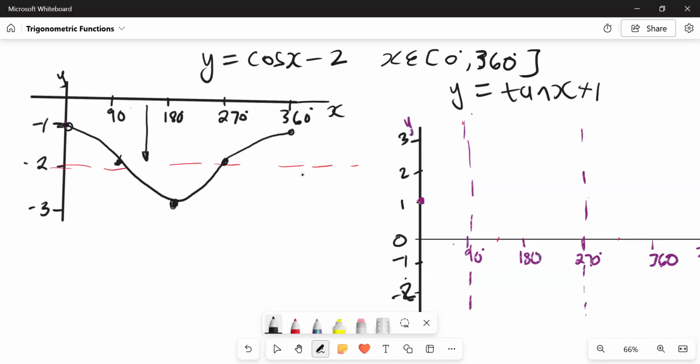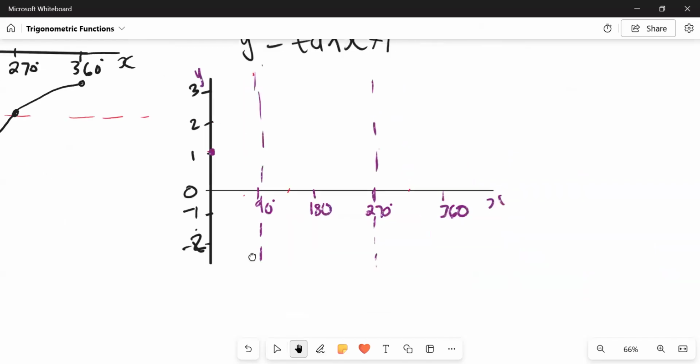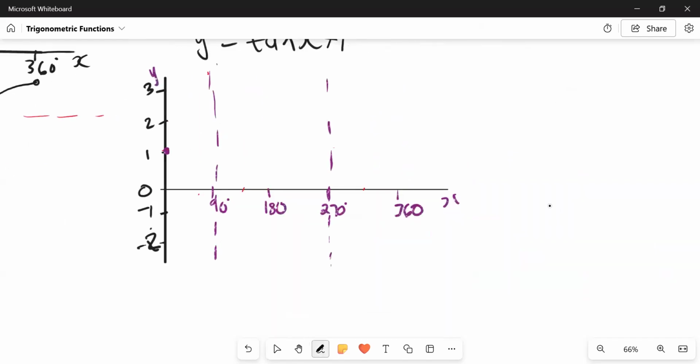Now let's try and draw the graph of y equals tan x plus 1. Tan x plus 1. So you'll have your origin there at 1, because your graph went up by 1, right? And then now you can start drawing the graph.